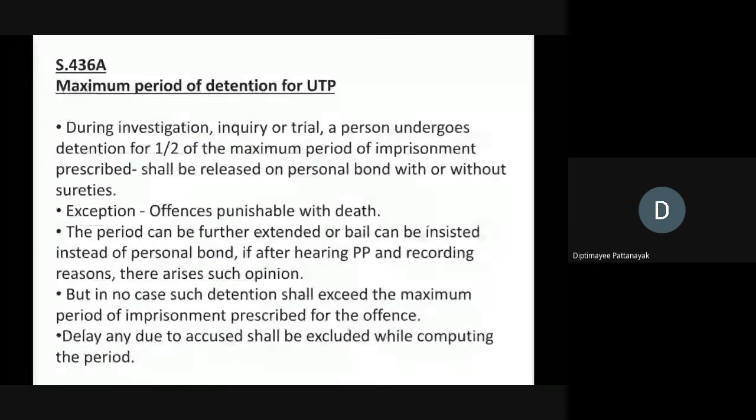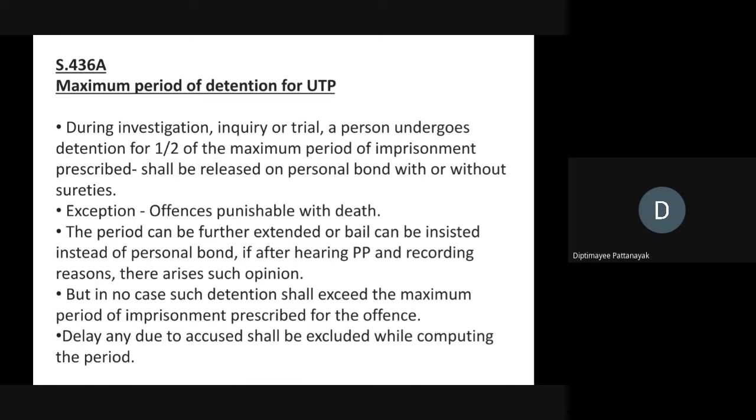So that means if the offence alleged is punishable with imprisonment for 3 years, and the accused has already stayed inside the detention or custody for 1.5 years, and investigation, inquiry, trial, all the stages put together are not complete, then he shall be released on bail on personal bond with or without surety.